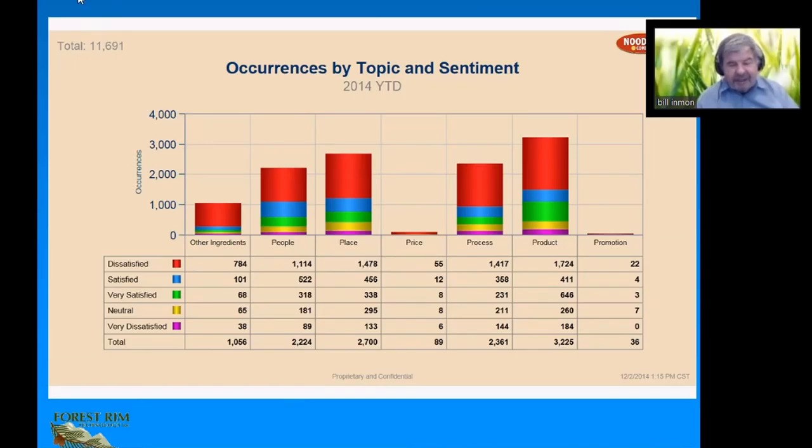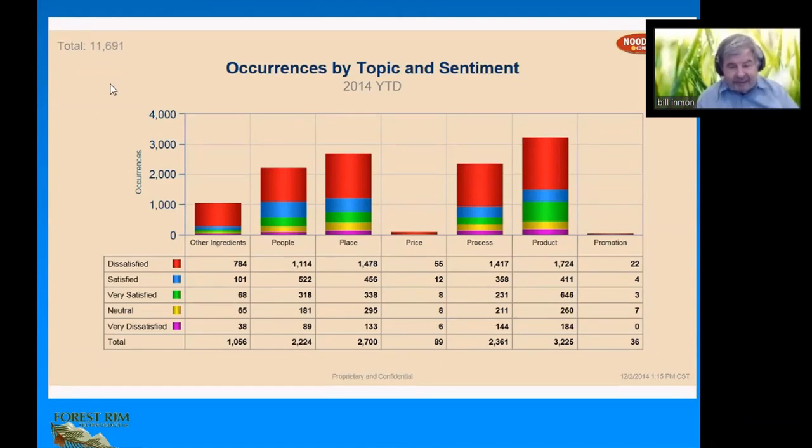Product would be the menu itself. Chicken, steak, spaghetti, fish, vegetables, dessert, things like that. So these are the categories of information that we divided the comments up into.